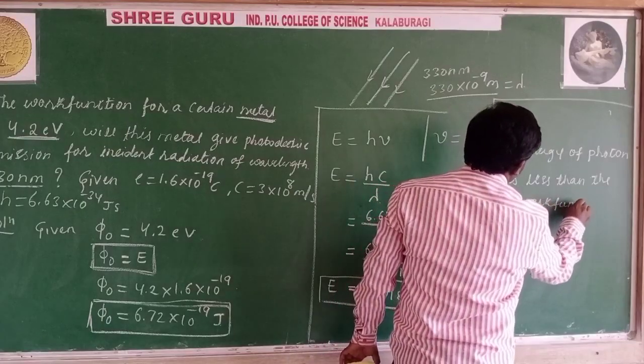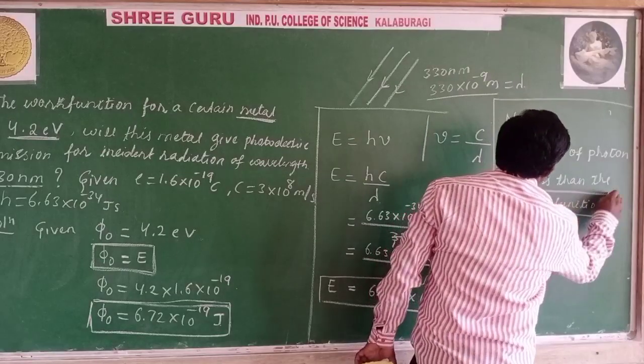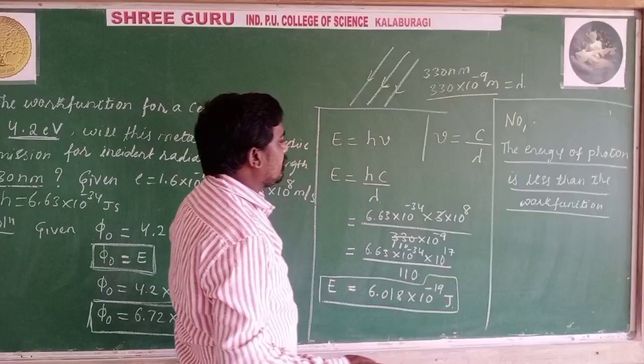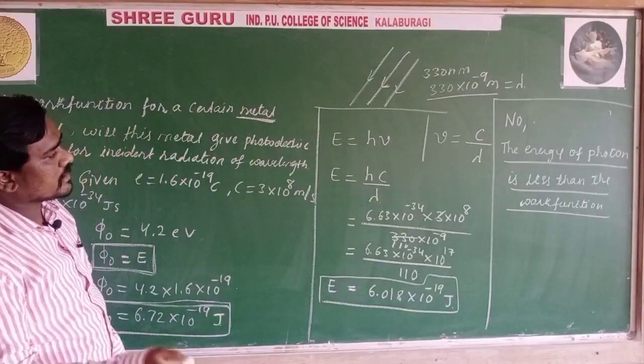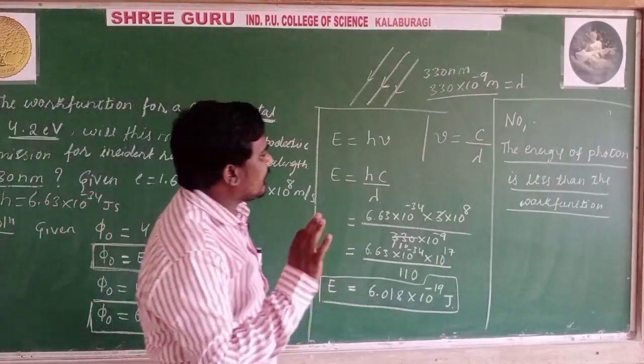Our concept is, if the energy of the photon is equal to the work function or more than the work function, then only the emission will take place. Otherwise it is not possible to eject the electron from the metallic surface.